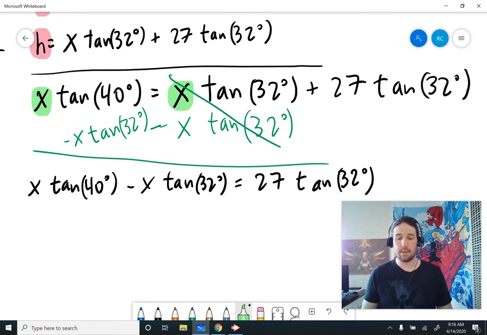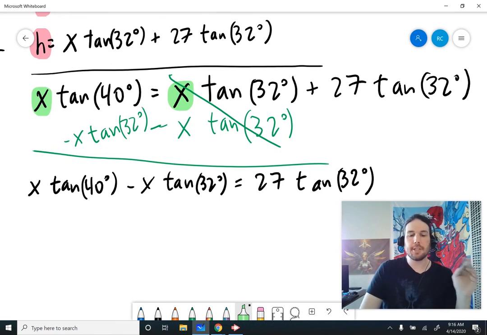Now, hold on, I'm going to pause for a second. It looks like I'm doing a lot of complicated nonsense here, but what I'm doing is the same algebra you've been doing since probably 7th or 8th grade. You're just looking at that tangent 40 degrees and that tangent 32 degrees like it's something new. It's not. They're just numbers.